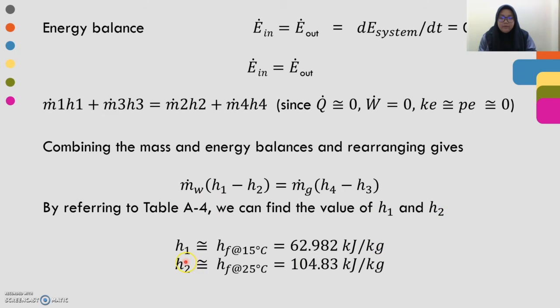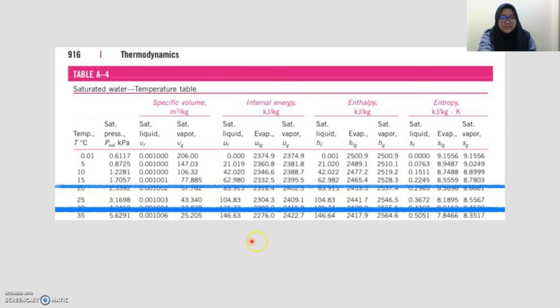For H1, it is equal to Hf at 15 degrees Celsius. Based on the table of properties, we go to table A4, find the temperature of 15, and look at Hf, where the value is 62.982 kilojoules per kg.